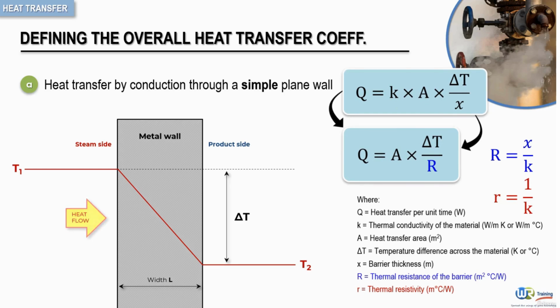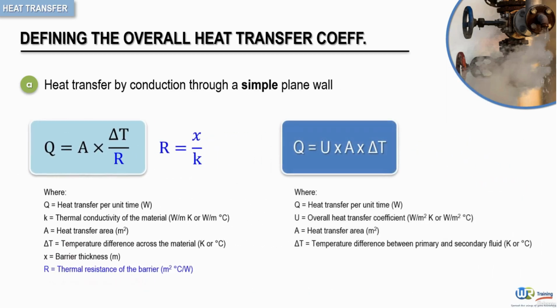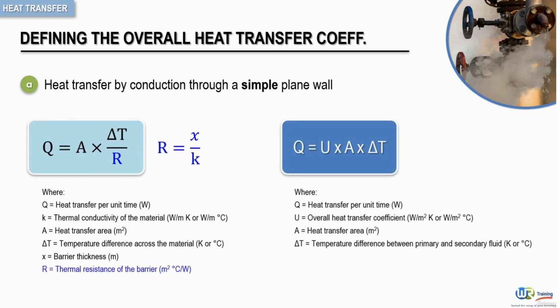Now, the question is, how can we relate the overall resistance to the overall heat transfer coefficient? The usual problem that has to be solved in heat transfer applications is the rate of heat transfer, and this can be seen from the general heat transfer formula already discussed in a previous video.